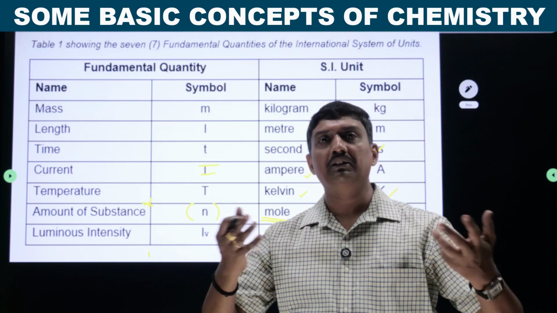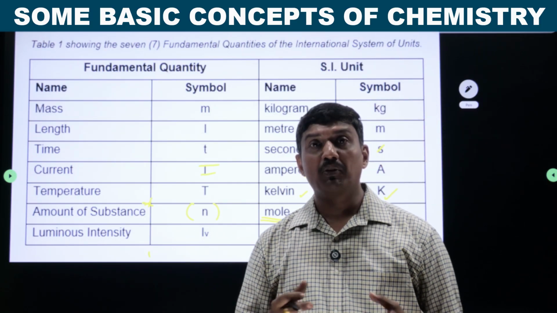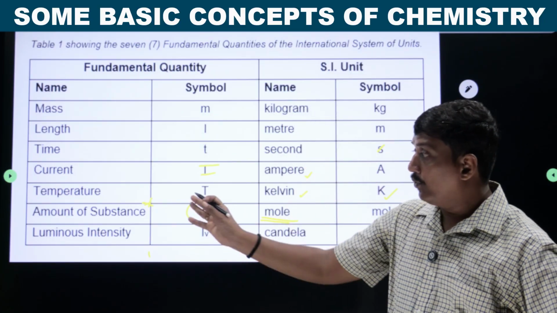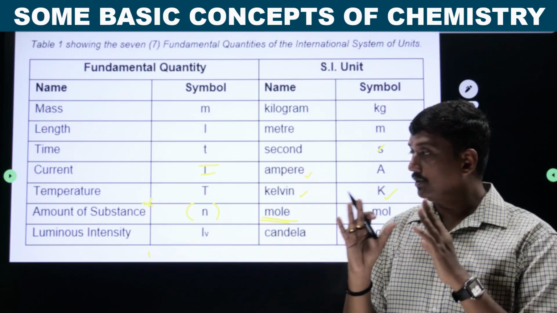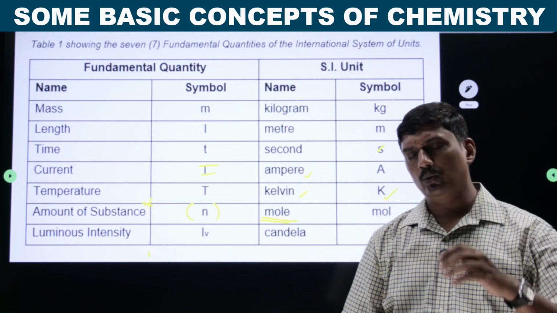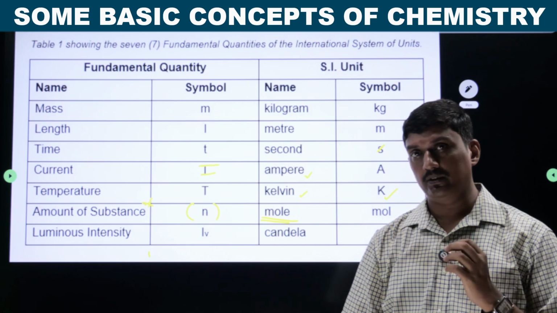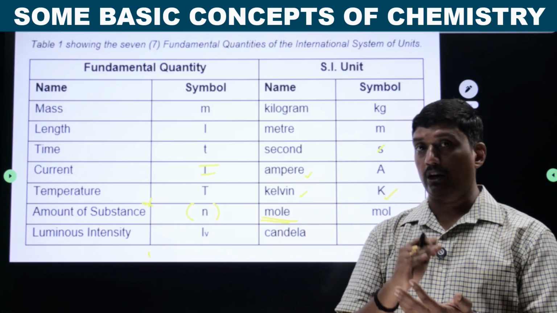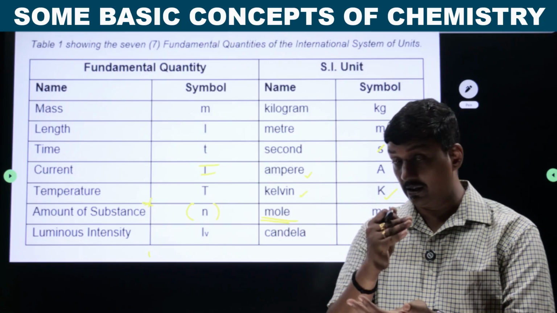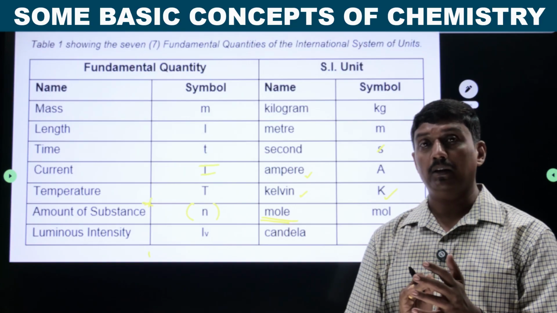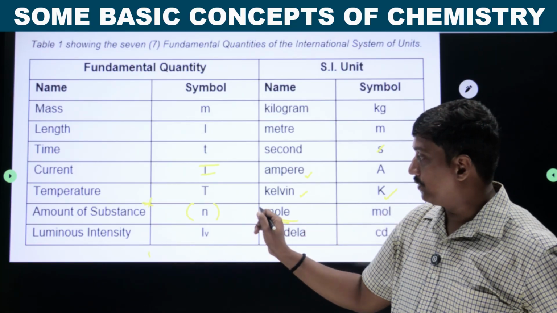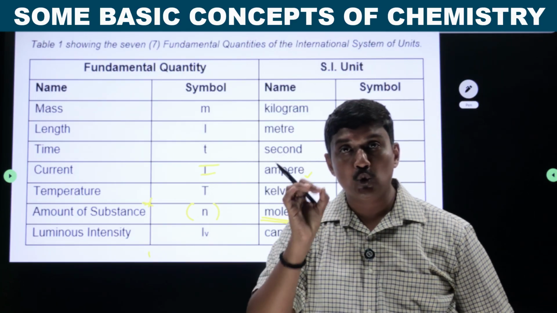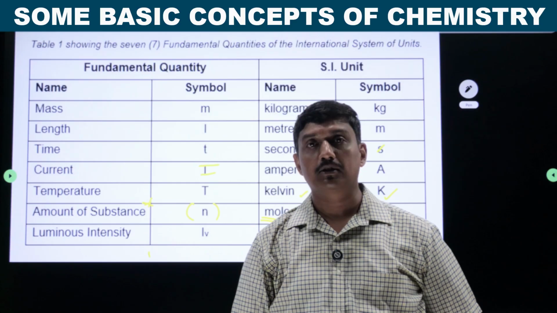I am not saying 5 kgs, 5 grams, 5 liters. Instead, I am using the word 5 moles. 5 moles means it is not just 5 atoms or 5 molecules. We have a calculation for this: to get 5 moles, how many grams of oxygen or how many kgs of oxygen, how many liters of oxygen should be taken. So this mole concept is very important. Mole is nothing but the SI unit for amount of substance.